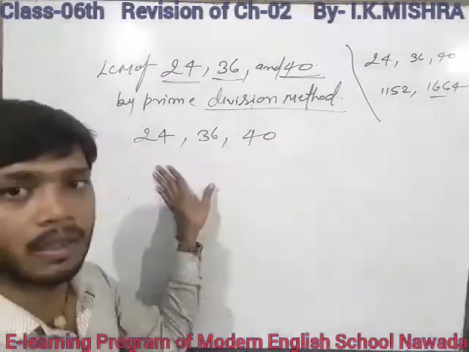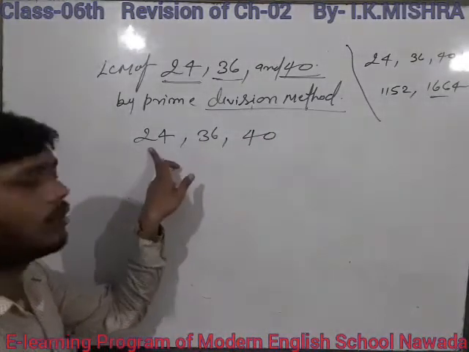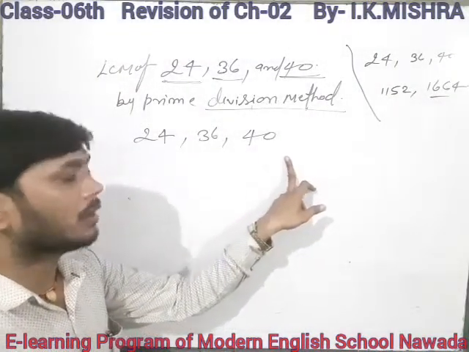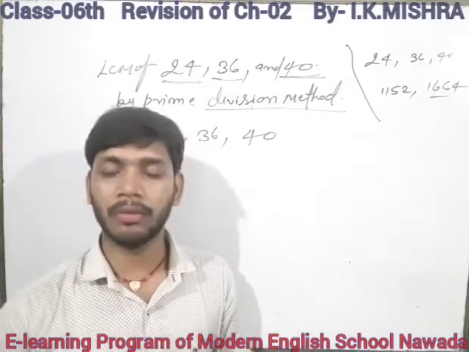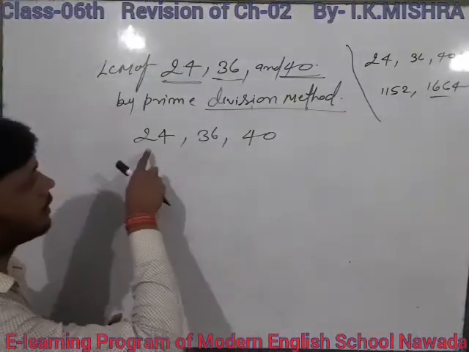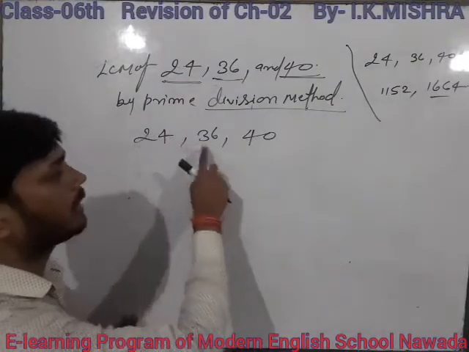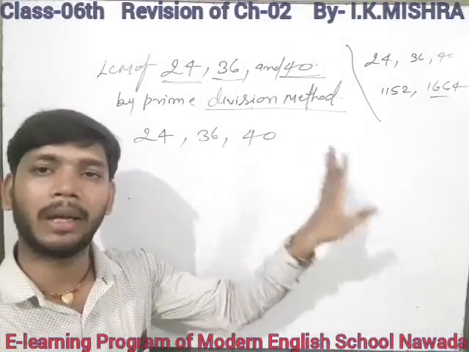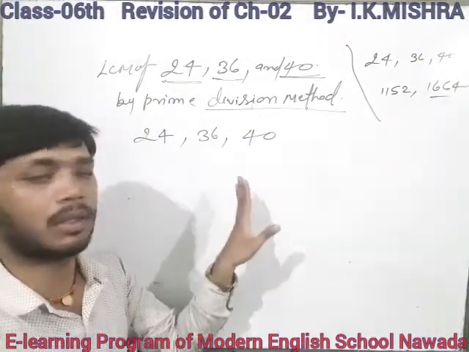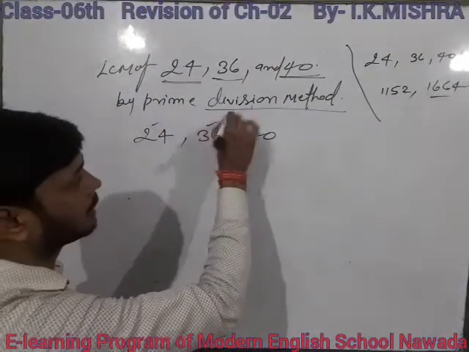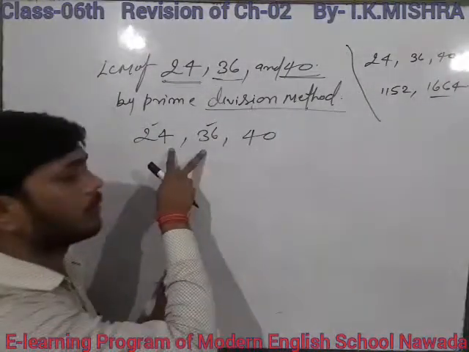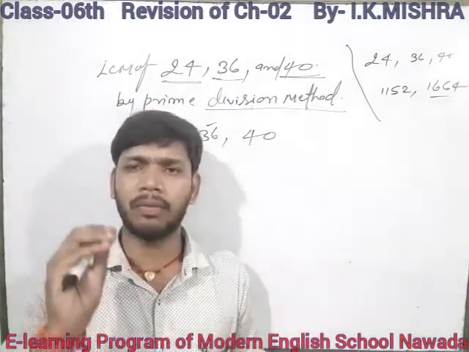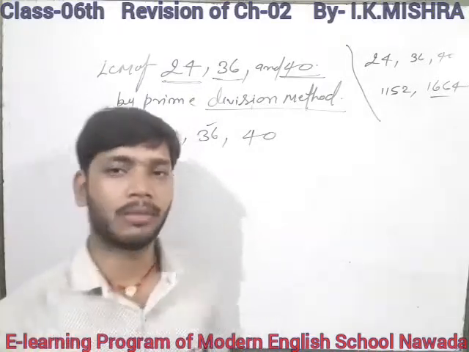Observe that 24 is divisible by 2, 36 is divisible by 2 and 40 is also divisible by 2. If only 24 is divisible by 2 but the others are not, then you can't divide all of these by 2. But if two numbers, suppose 24 and 36, are divisible by 2, then you can divide by 2. And first of all check by the smallest prime number, which is 2.